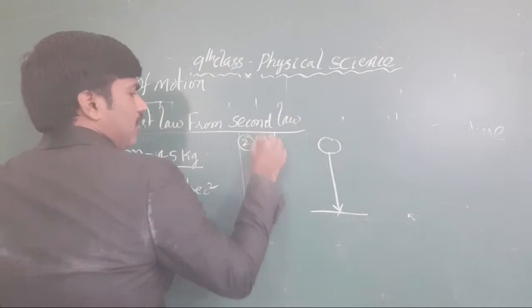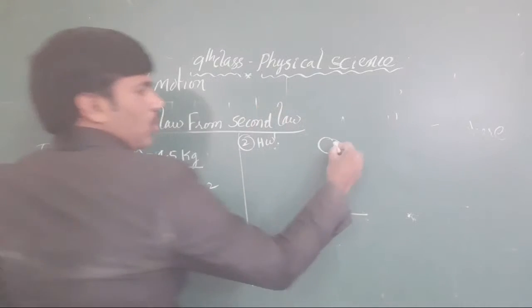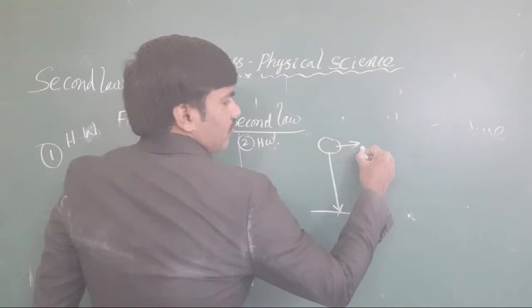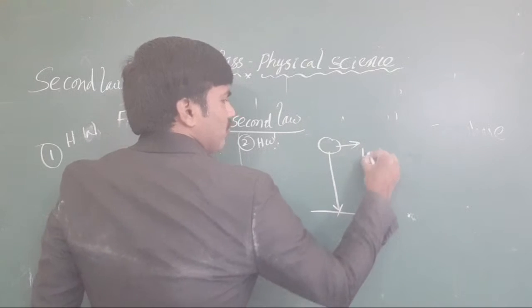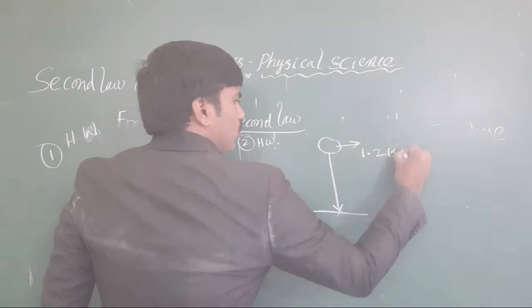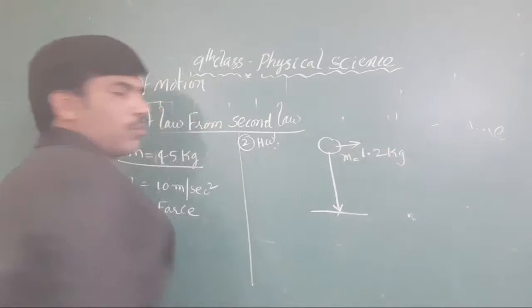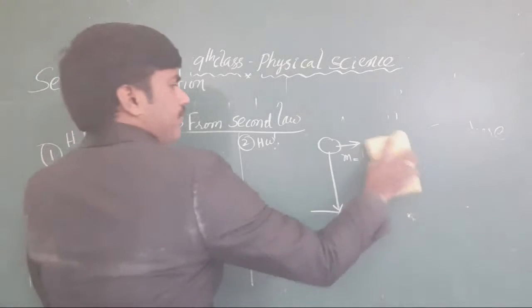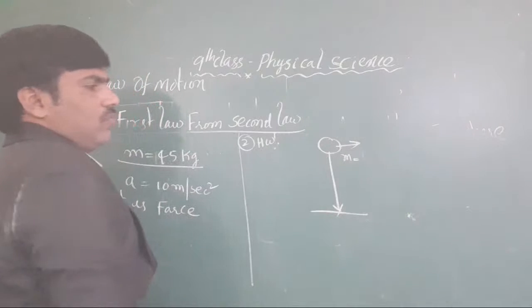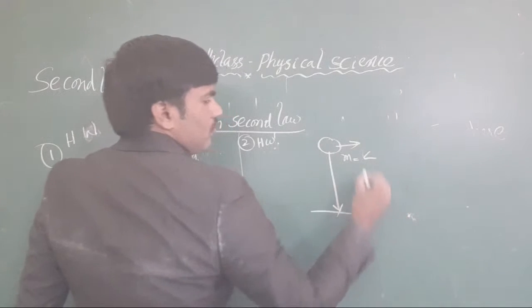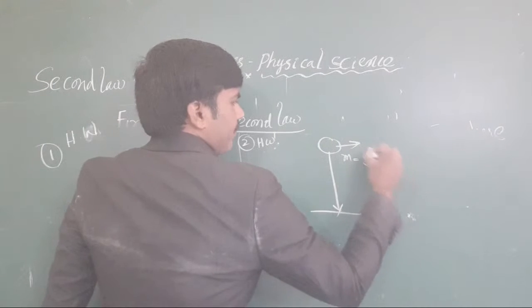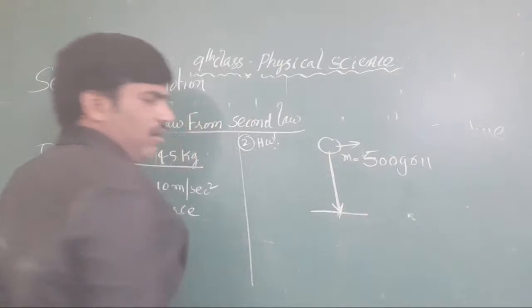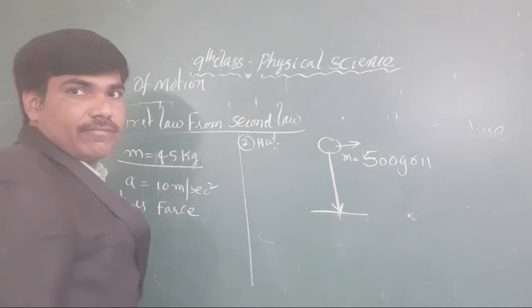Second homework. One cricket ball contains 1.2 kgs. It travels some particular height.